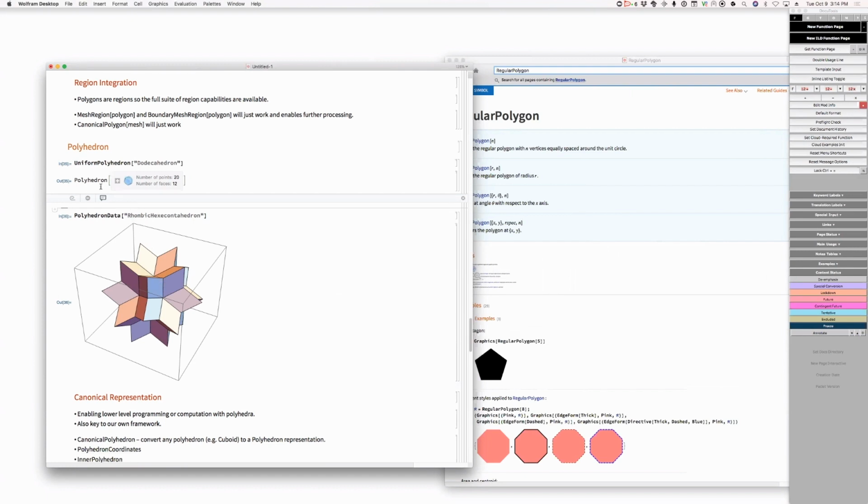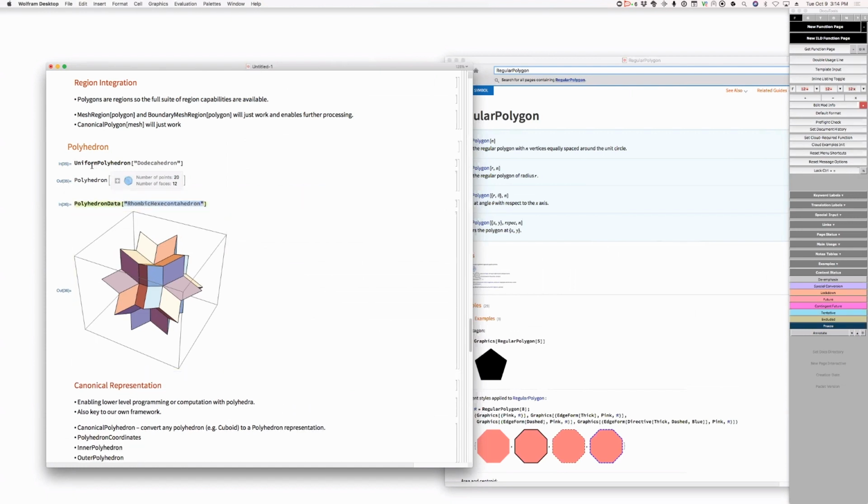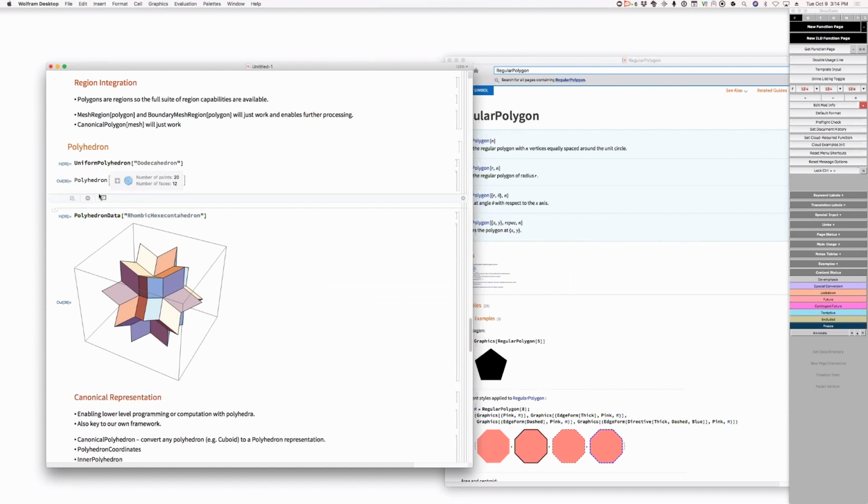But how would I get your kind of polyhedron in as one of these guys? So right now, is it hooked up, Charles? Yeah, let's try. Maybe we cover this one.